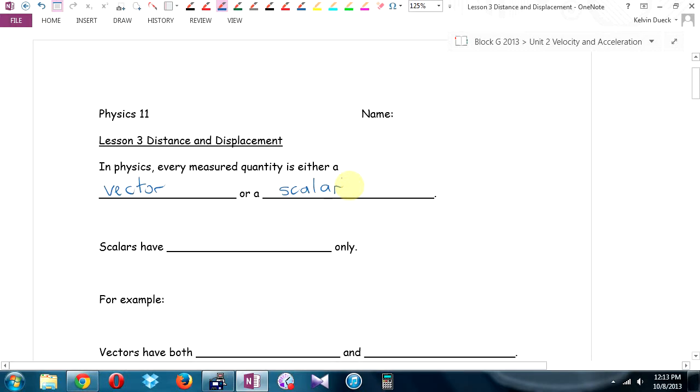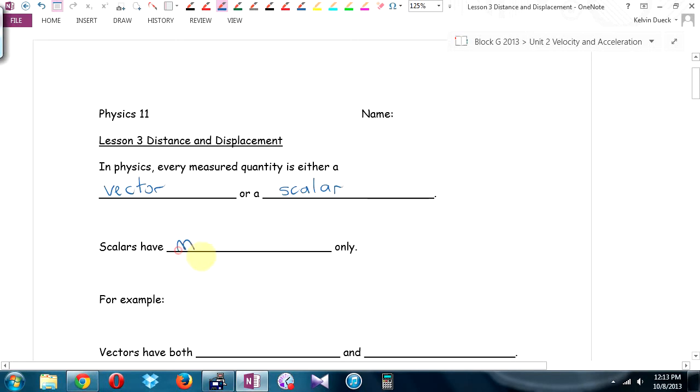It'll be one of the few times when I say, you want to memorize this. Anytime I show you a new concept or a new unit or a new idea, I'll say to you right away, vector or scalar. We'll write down what it is. Because there are different rules of math for vectors than there are for scalars. There's a whole branch of vector mathematics that you'll start to learn this year that you'll really get into in Physics 12, those of you that take it next year.